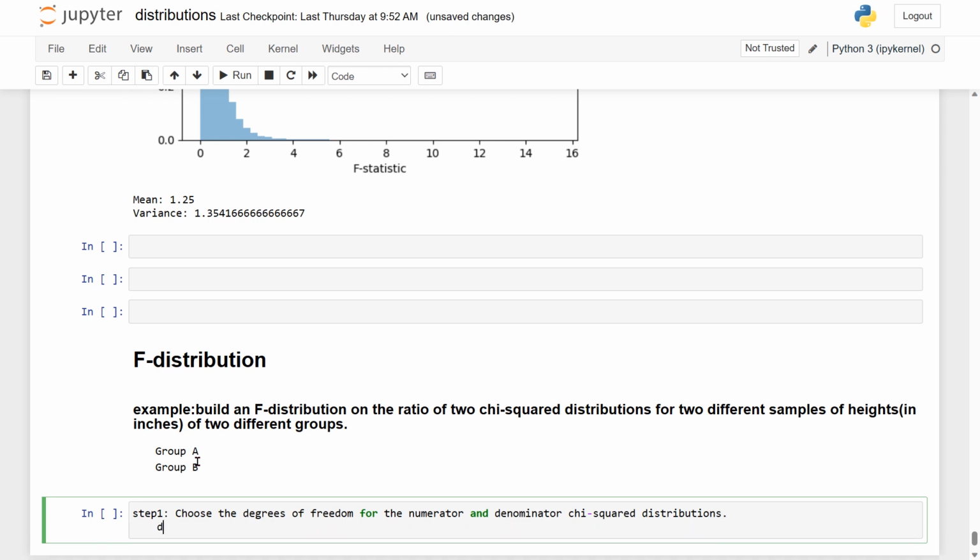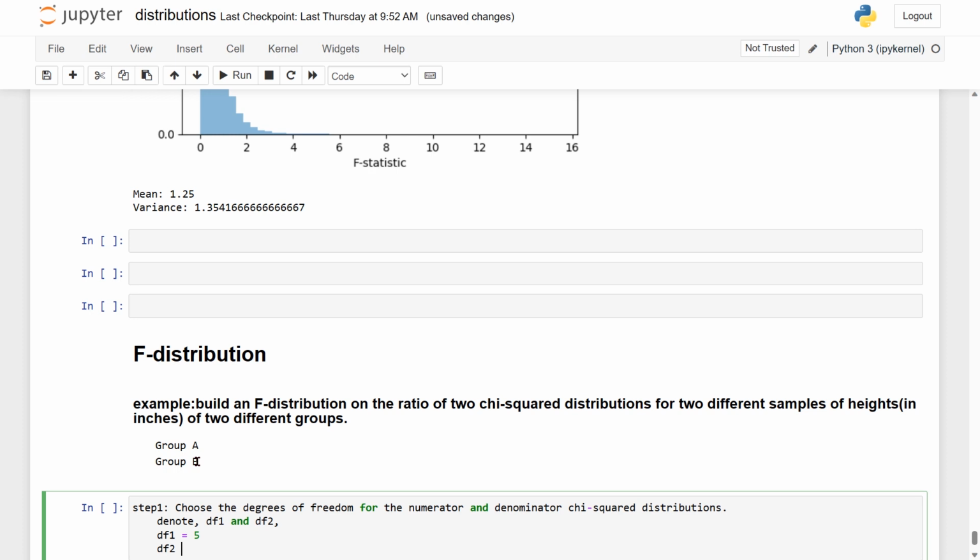Let's denote them as df1 and df2 respectively. Let's say we choose df1 equals 5 and df2 equals 10.